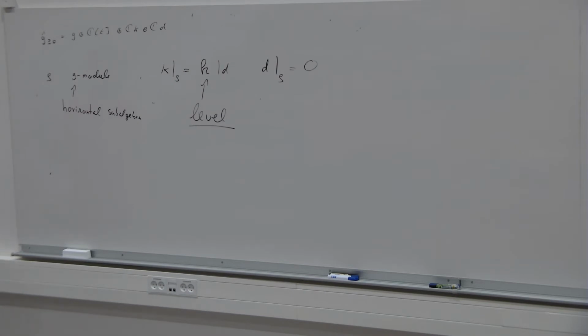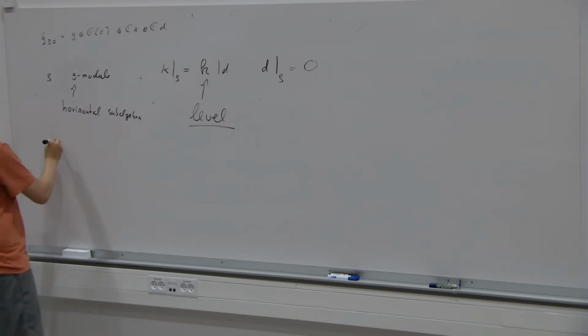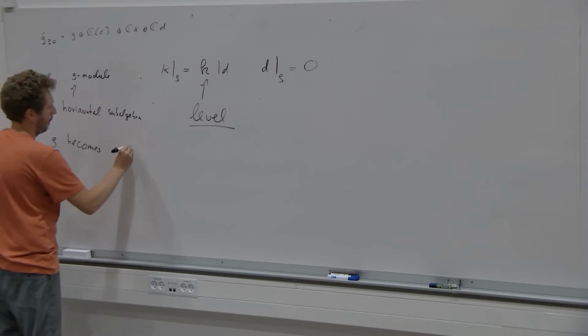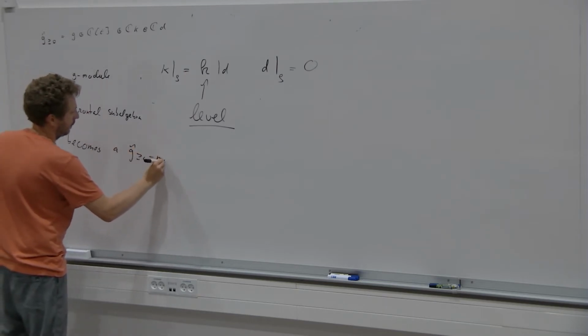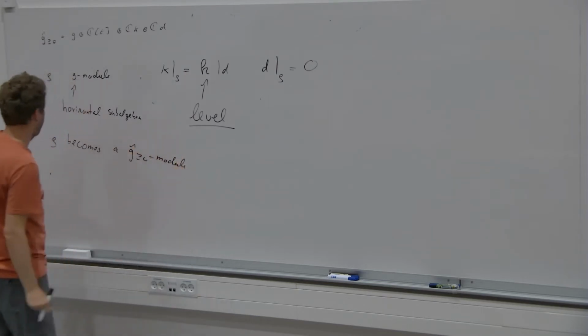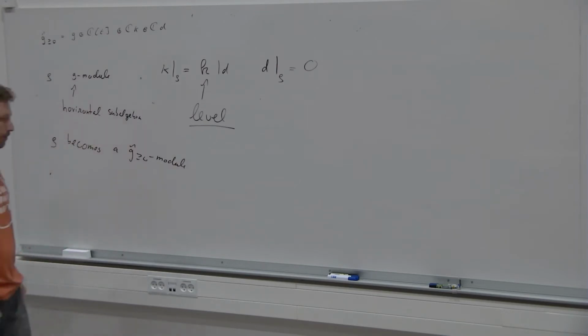Now, if I have a module for my Lie algebra, I can immediately make it to a module for the positive part by just saying that the rest acts as 0.